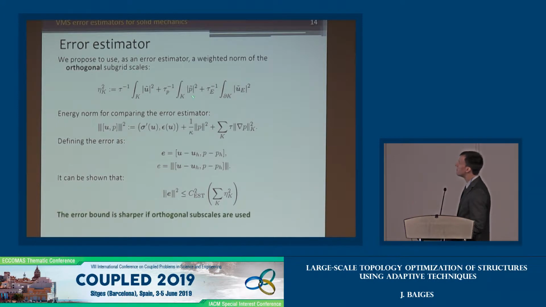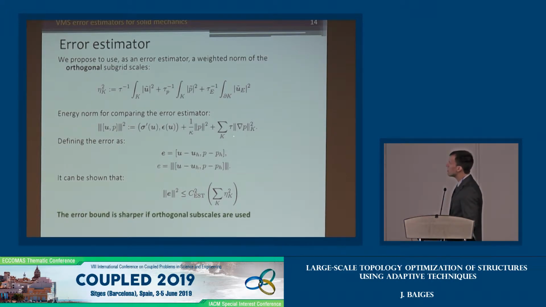So this is the definition precisely of the error estimator. We propose to use as an error estimator a weighted norm of the orthogonal subgrid scales. So we are going to have the addition of the norm of the interior or element interior displacement subscales, the pressure subscales, all of them integrated over the element volume, and then we have the boundary displacement subscales, which is going to be integrated over the element boundaries, and each of these terms is going to be weighted by the appropriate stabilization parameter.